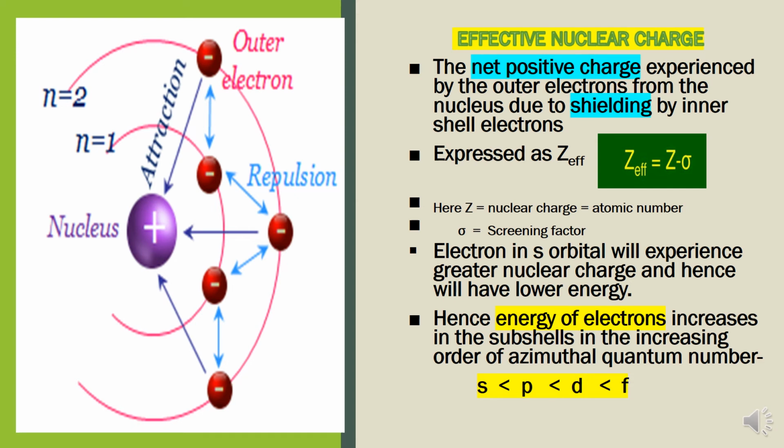So the subshells of a particular shell differ in energy due to interelectronic repulsions, shielding effect, and effective nuclear charge, and this is how they can be arranged in increasing order of energy that is directly related with their azimuthal quantum number. Means with increase in the value of L, the energy of subshells also increases. Hence you can say s orbitals will have lowest energy, followed by p, then d, and f will have highest energy.